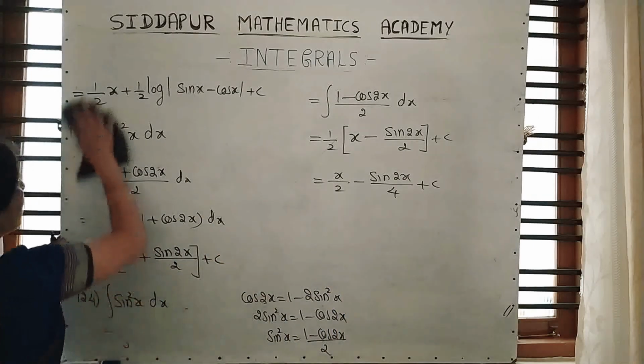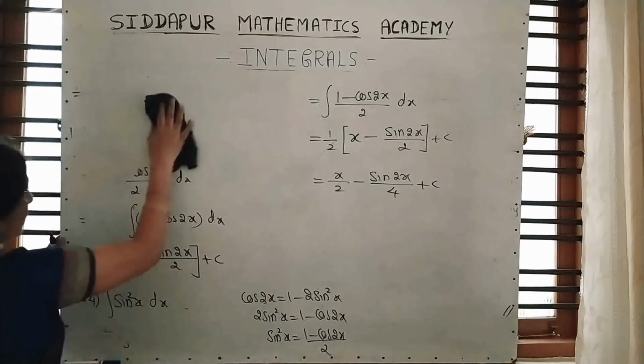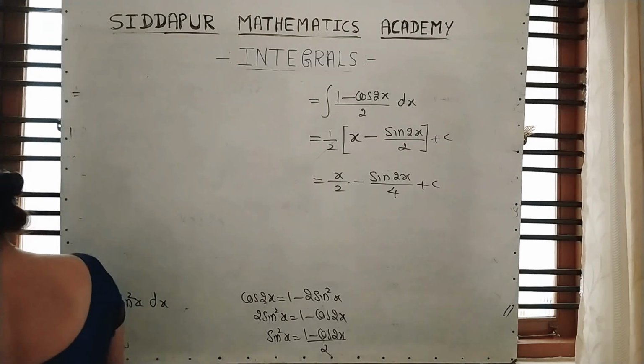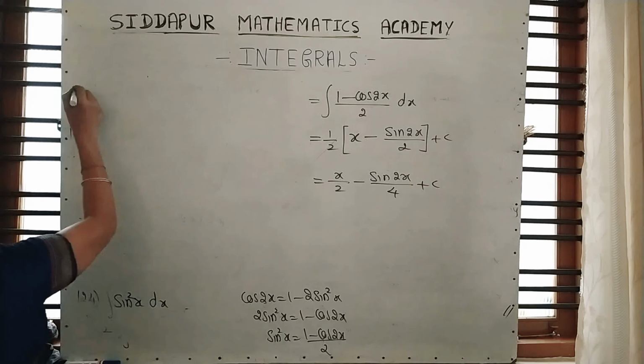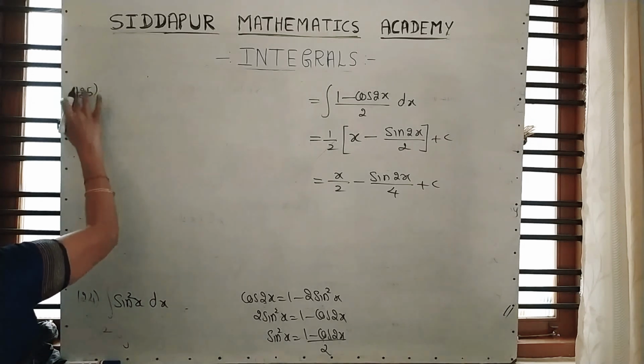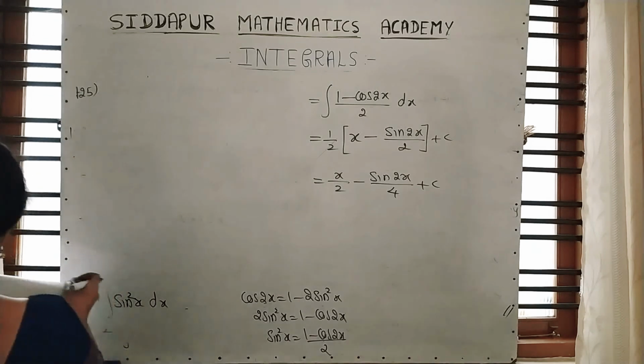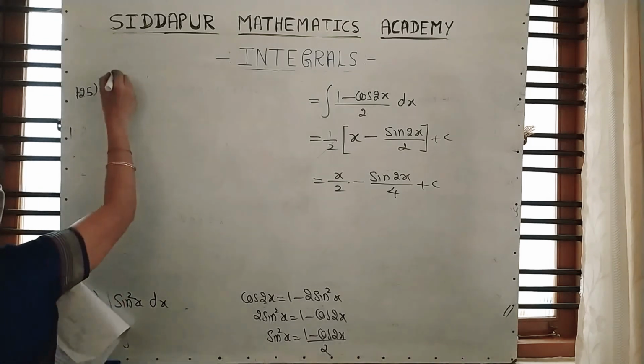Next, moving to the next question, question number 125. Sin cube x.